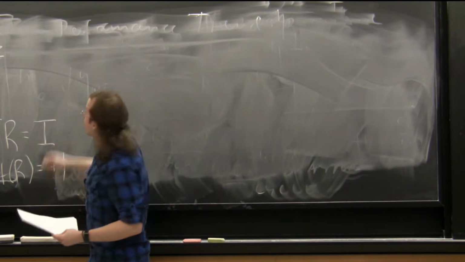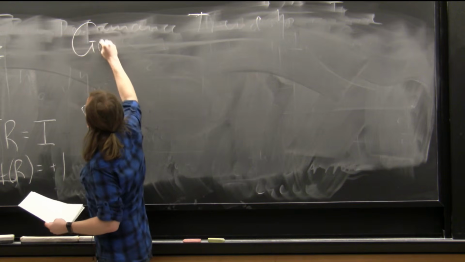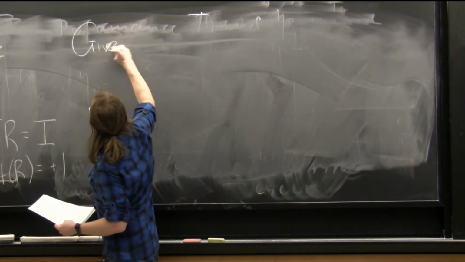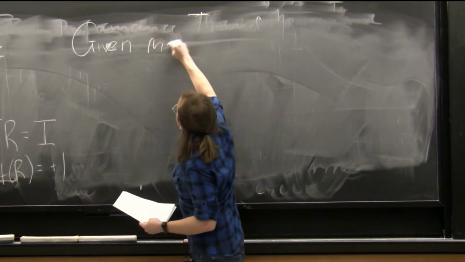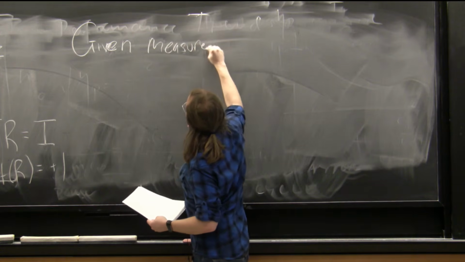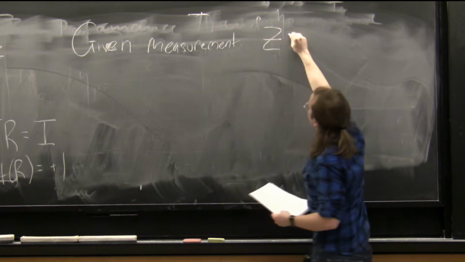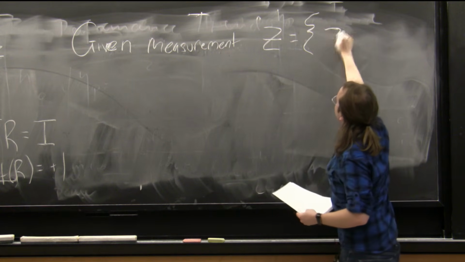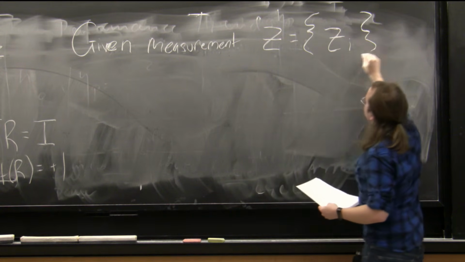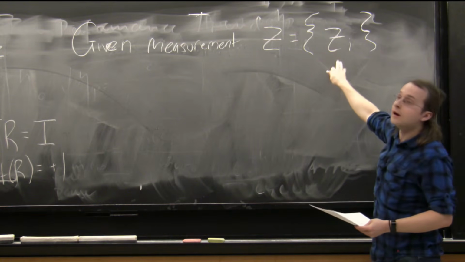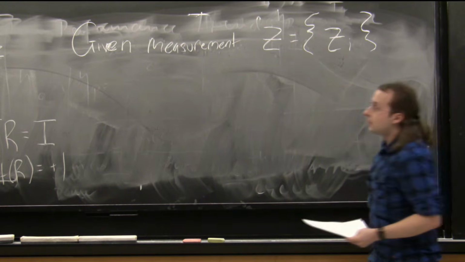But the way of starting that always starts with, we're given our measurement, in this case a point cloud measurement Z, and in the case of point clouds, this is going to be a list of point observations of the world, Zi. So each of these are three vectors.